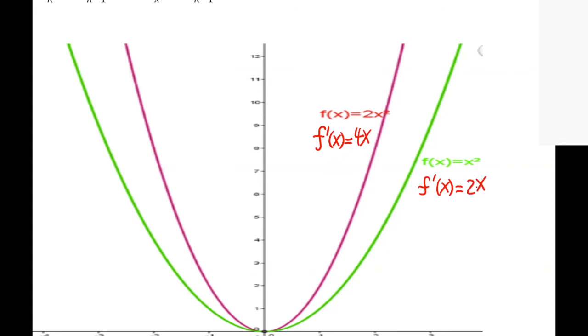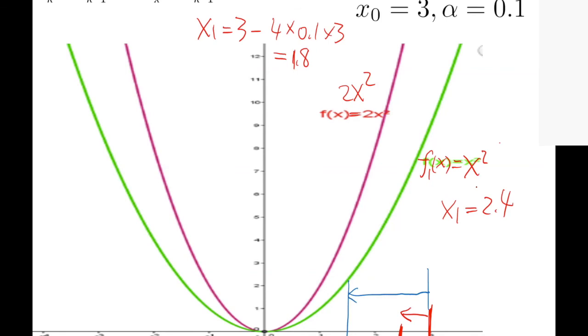So if you start from the same starting point with the same learning rate, they both start from x0.